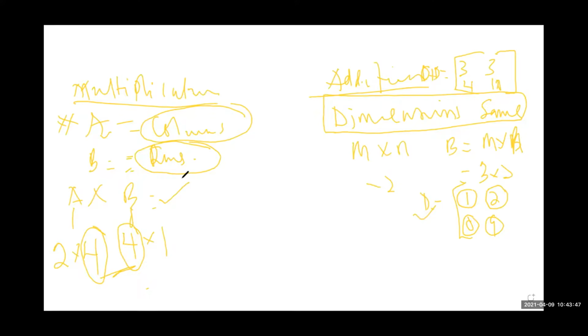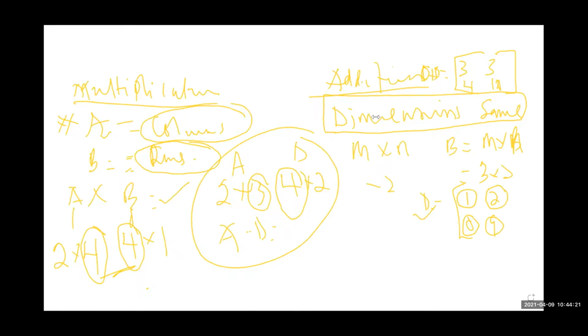But if I have 2 by 3 and I have 4 by 2, this is matrix A, matrix D, and I want to find A times D, I cannot perform this operation because the number of columns for matrix A is not the same as the number of rows for matrix D. Guys, this is the first caveat that we need to observe before we can do matrix multiplication.